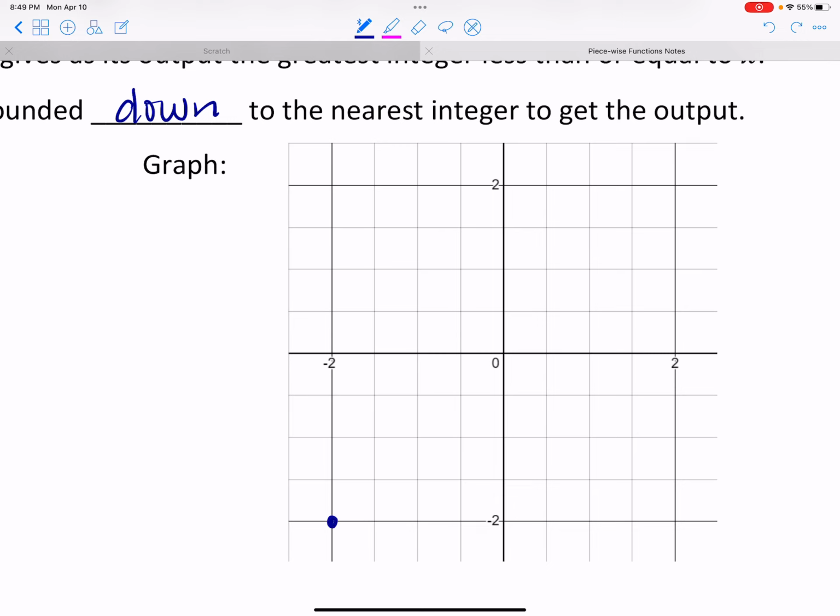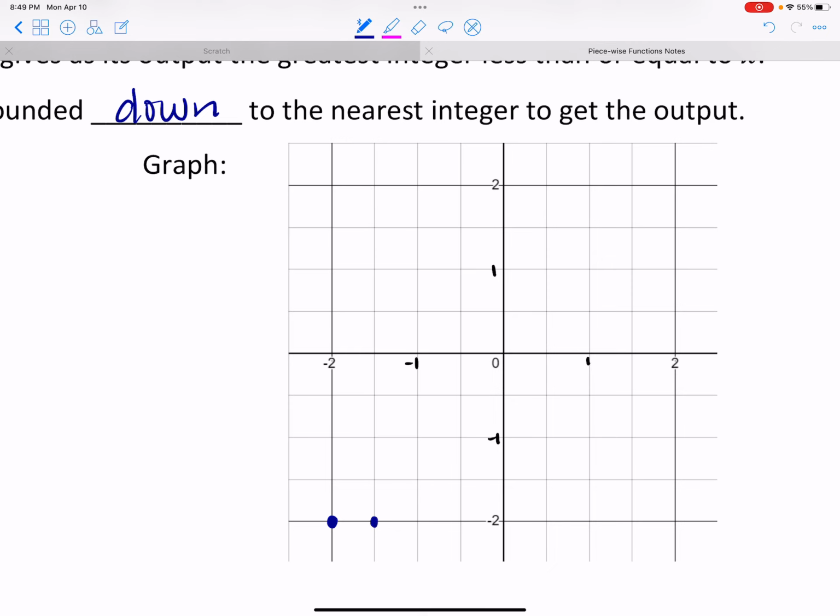And that's going to be a closed point there, just a normal point. This is negative 1 here on the axis, and this is positive 1. Okay, sorry, it skipped. And so anything in between negative 1 and negative 2, like if I wanted to input negative 1.5, again, I would still round down to negative 2 as my output.